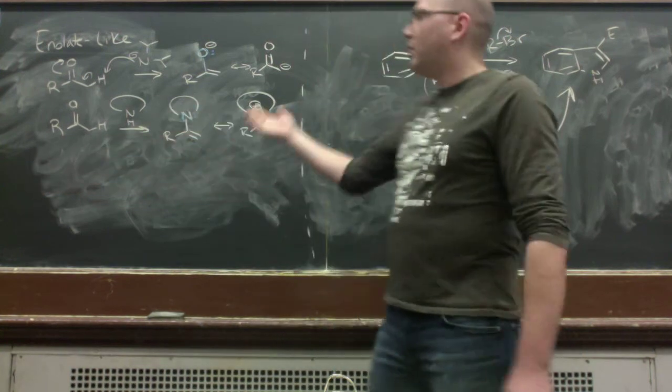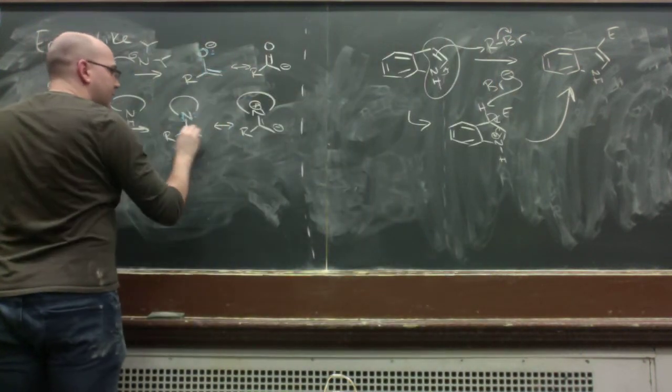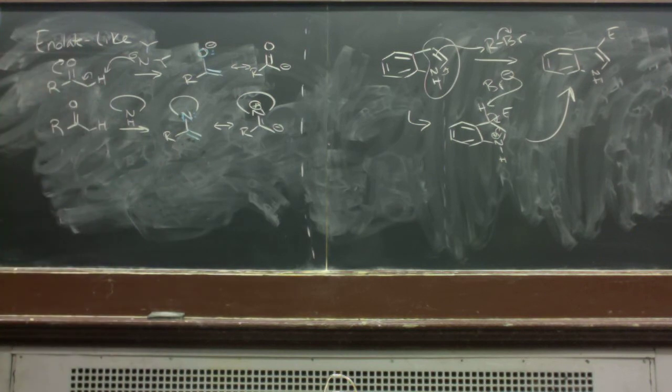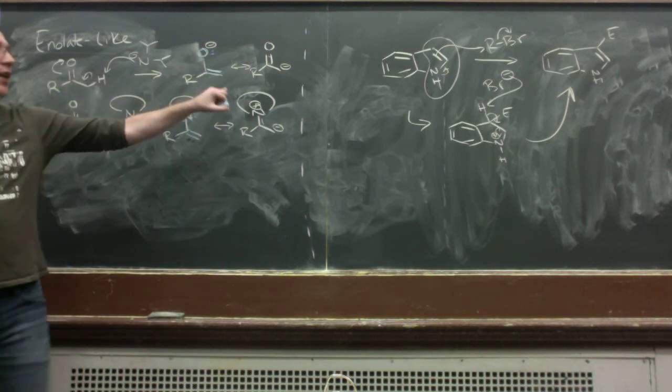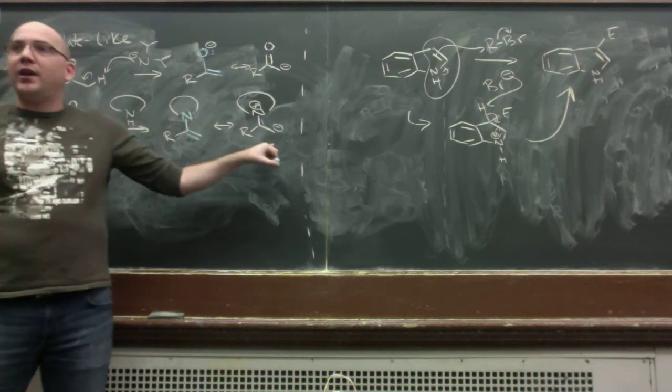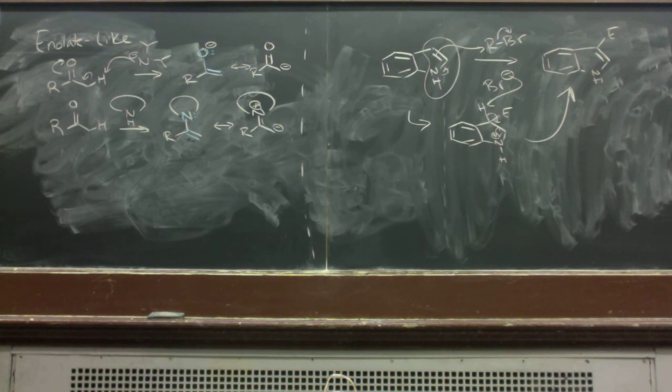Really all that these are, are lone pairs in conjugation to a double bond. This provides a resonance form, and it's the resonance form that displays the reactivity that's so analogous to what we had seen in other instances.